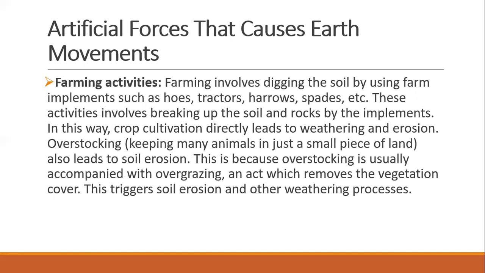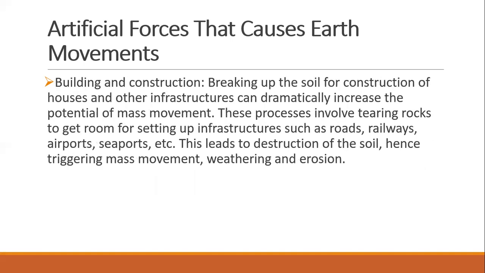Another farming activity is overstocking, that is keeping many animals in just a small piece of land, which also leads to soil erosion. This is because overstocking is usually accompanied by overgrazing, an act which also removes the vegetation cover. All this triggers soil erosion and other weathering processes.